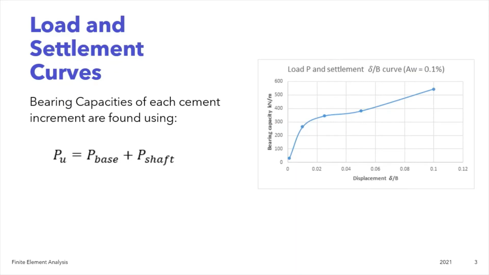Using this information gathered from Strand 7, our group was also able to plot load and settlement curves using Excel. The bearing capacity in kilonewtons per meter was plotted against the displacement. The formula PU equals P of the base plus P of the shaft is used to calculate the final bearing capacities.